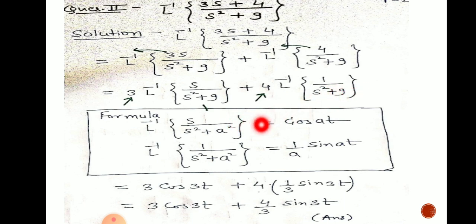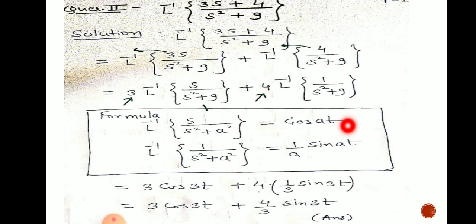Now what is the formula? The formula is Laplace inverse of s upon (s square plus a square) is equal to cos at, and Laplace inverse of 1 upon (s square plus a square) is equal to 1 upon a sin at. This is basic formula of Laplace inverse. So it is clear that if Laplace inverse of s upon (s square plus a square) is equal to cos at, it means whenever we have s upon (s square plus 2 square), this is equal to cos 2t.